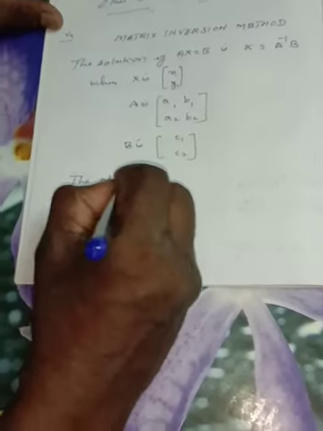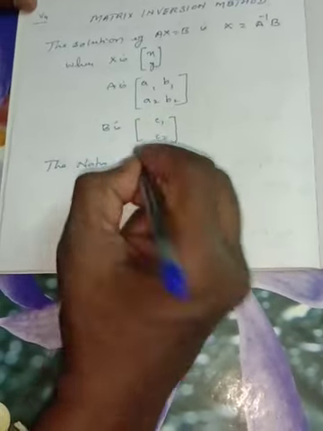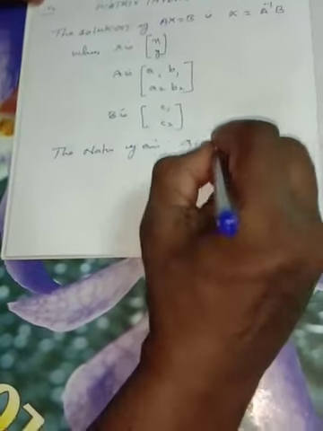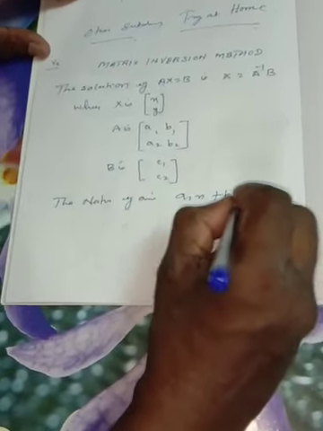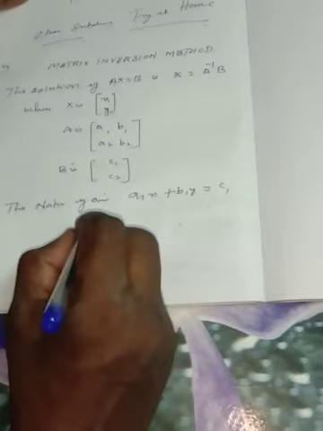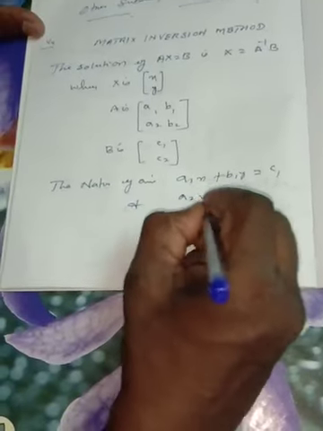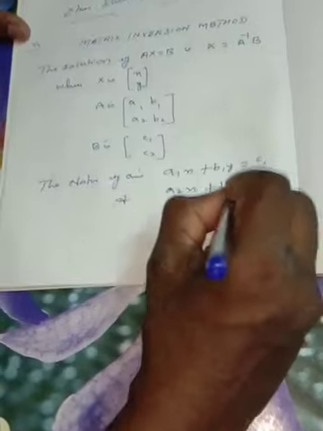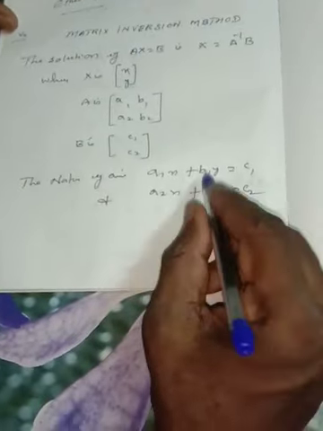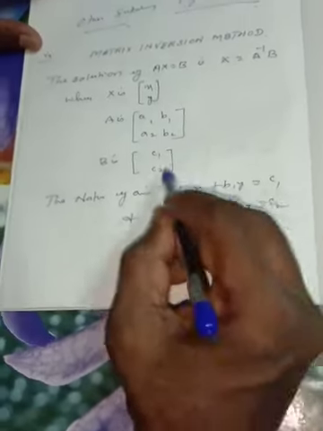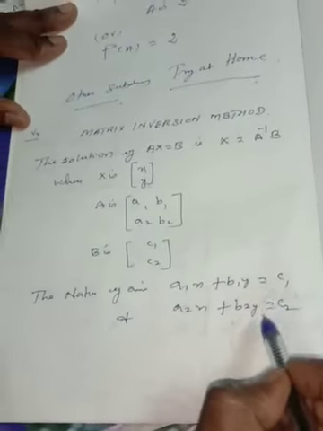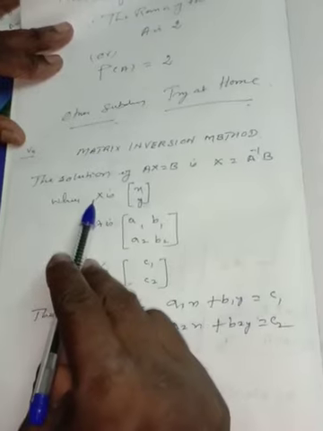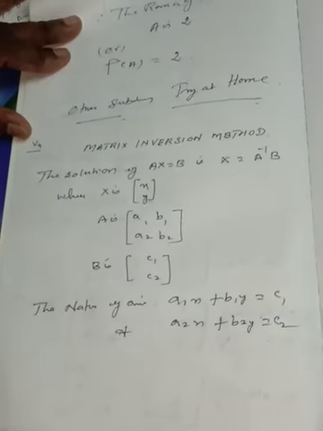The nature of equation is A1x plus B1y is equal to C1 and A2x plus B2y is equal to C2. These two equations are given. X and y are the relation between these two equations. Therefore, capital X is equal to xy.